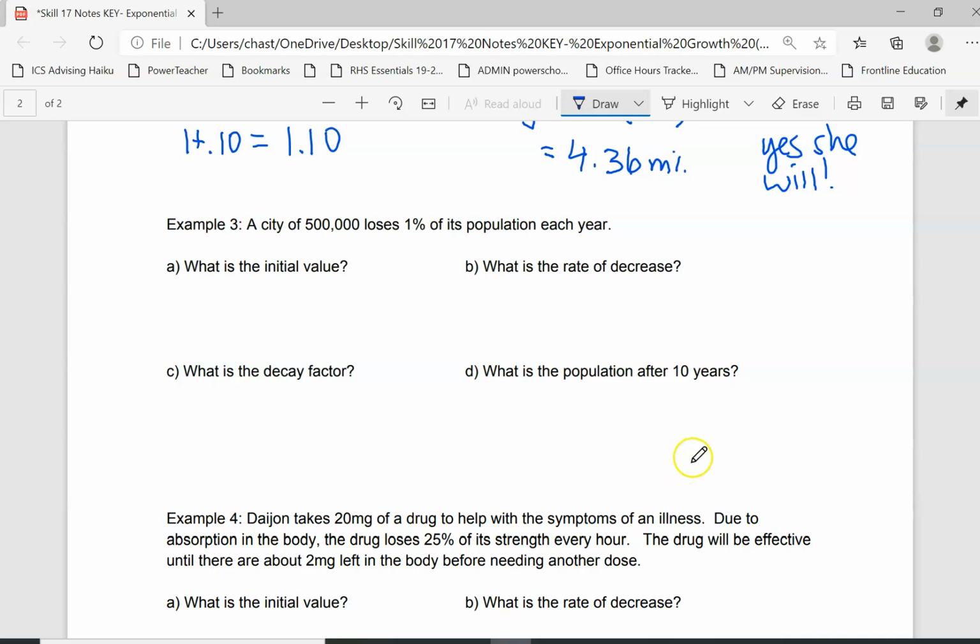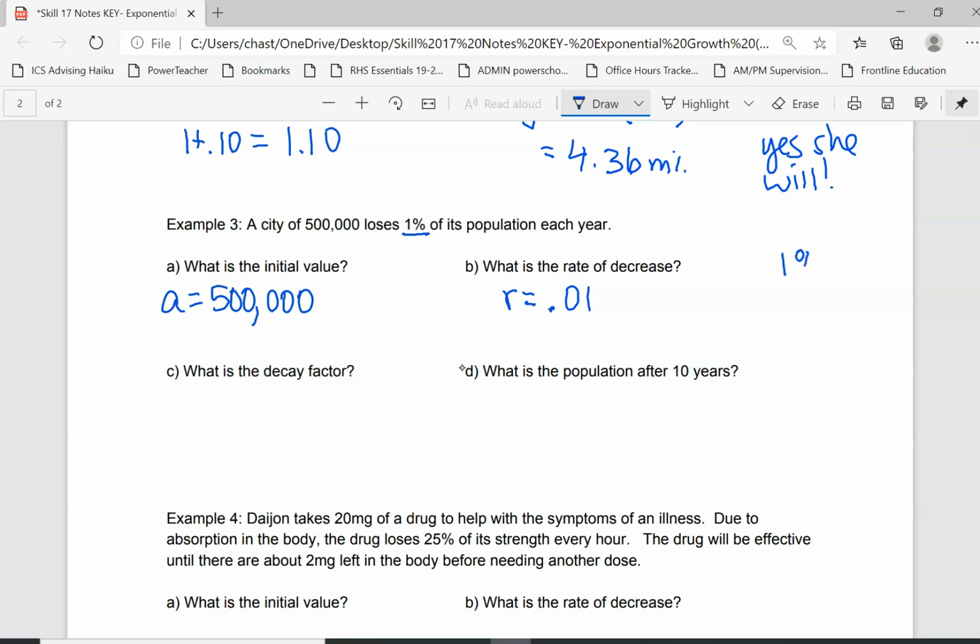All right, the next two examples will be of exponential decay. The third one says a city of 500,000 loses 1% of its population each year. So the initial value is the 500,000 people that live in the city. The rate of decrease is 1%, so r is 0.01.